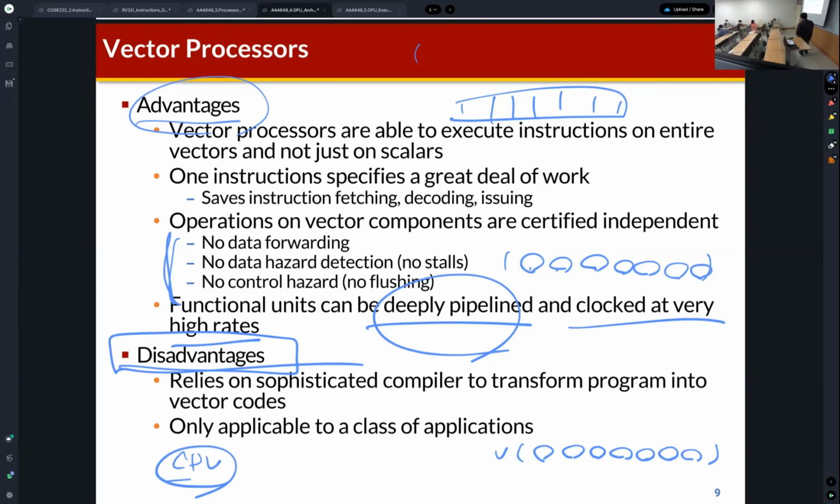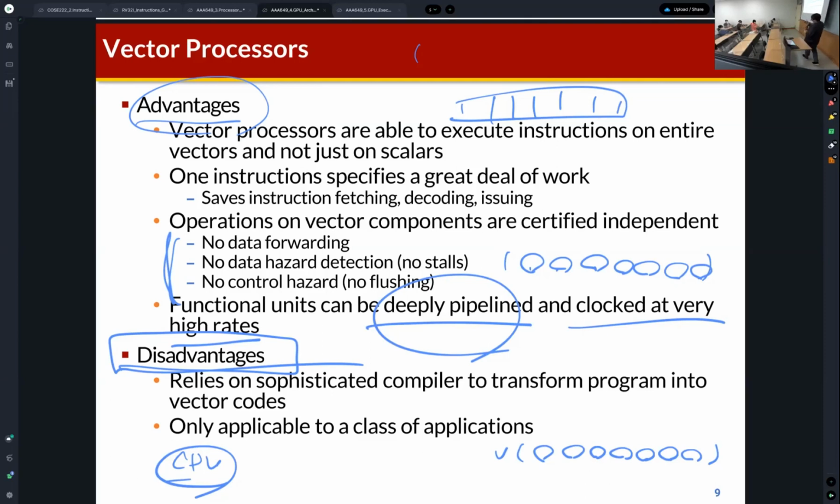Other types of data like scalar data may be executed by vector processors, but it is not efficient because vector processors do not support data forwarding, hazard detection, or control hazard detection. So only a specific type of data can be executed by vector processors.